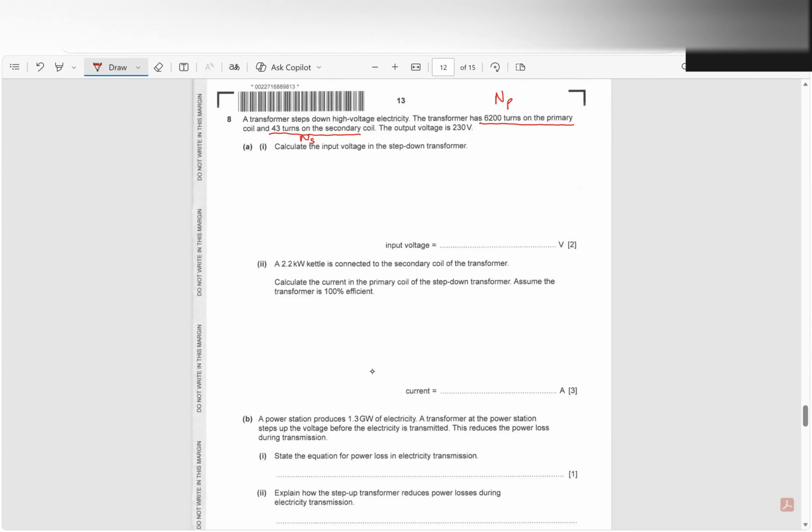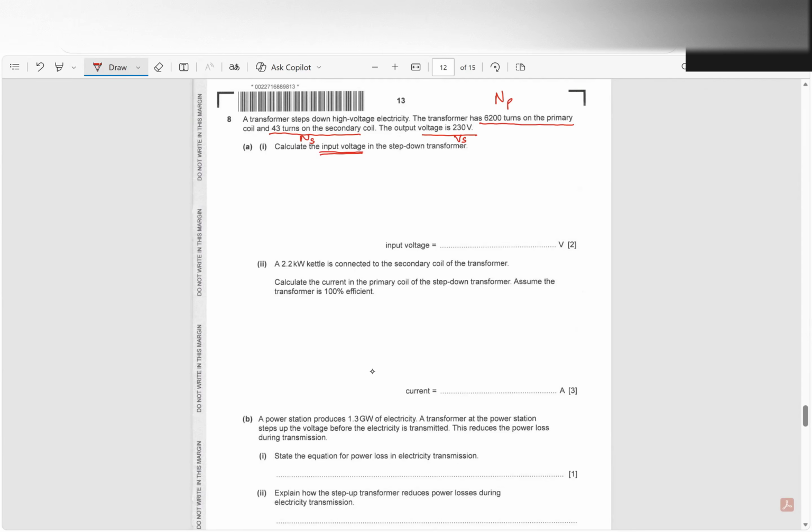The output voltage, the voltage given through the secondary coil, is 230 volts. So calculate the input voltage of the primary in the step-down transformer.